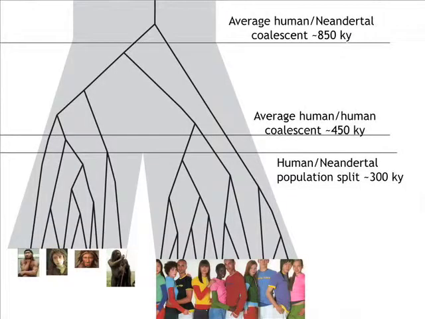So what's interesting, 450,000 years ago, there was a person who gave me a gene and gave a random other person a gene. Well, if we compare humans and Neanderthals and ask when was the last common ancestor population, that, it turns out, was about 300,000 years ago.